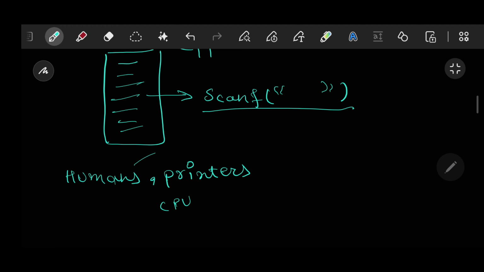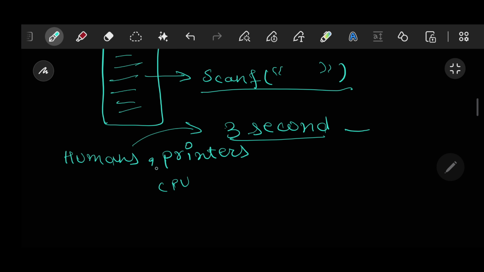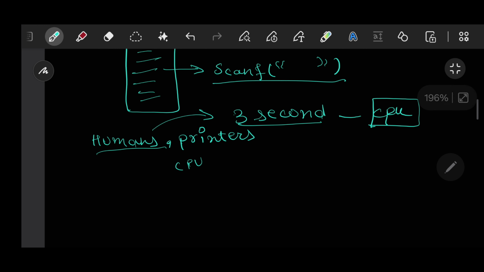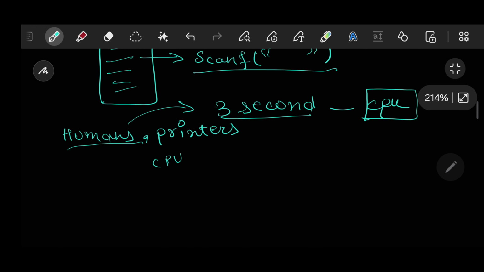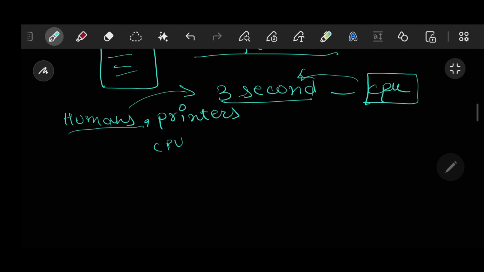Let's say a human takes 3 seconds to write an input, though it can take any amount of time. That 3 seconds is a waste of CPU. The CPU is sitting idle for the user to write an input. That should not happen, because the CPU is extremely fast and we are wasting its potential. The CPU is expensive, and we should not waste it like that.